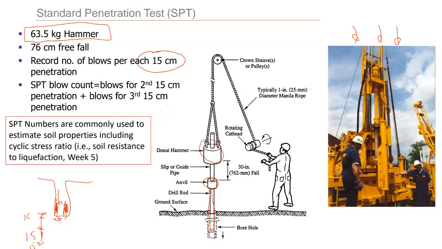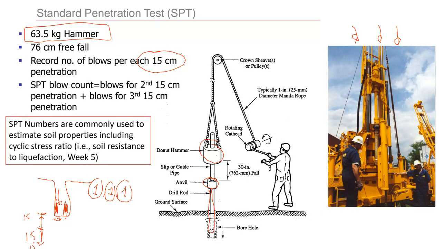So you just go 3 times by 15 centimeters. And then for each 15 centimeters, there is a number of blows. Remember when we looked at the borehole log, there was 1, 1, and 1. So this means that to penetrate the first 15 centimeters at that depth, it took only one blow. Probably the soil is very soft. Then to penetrate another 15 centimeters, another one blow, and then for the third, one blow.